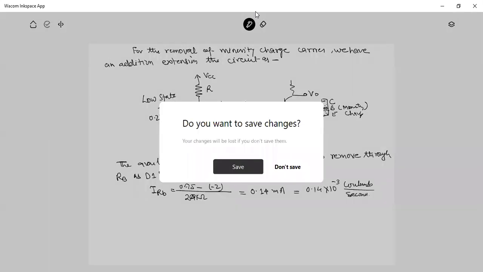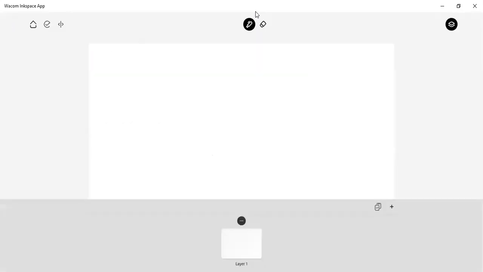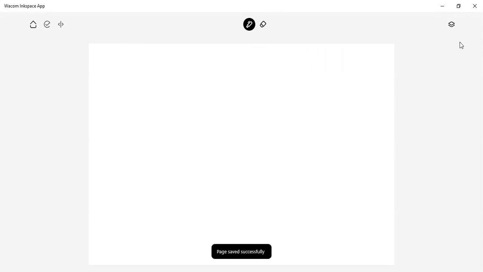This can be constructed as follows. Suppose this is VI, and here is one diode, and this is the resistance at this base.